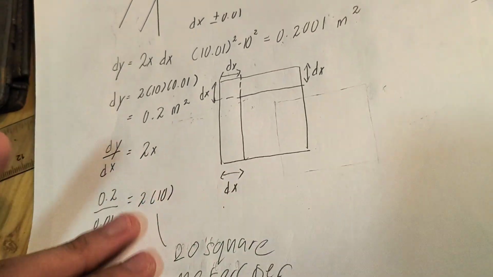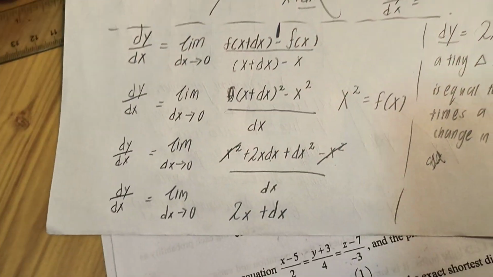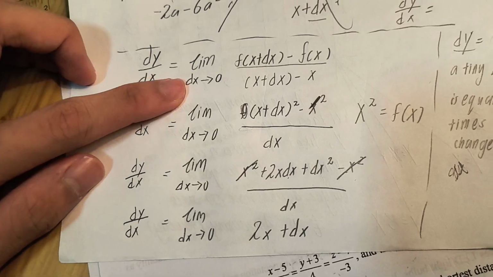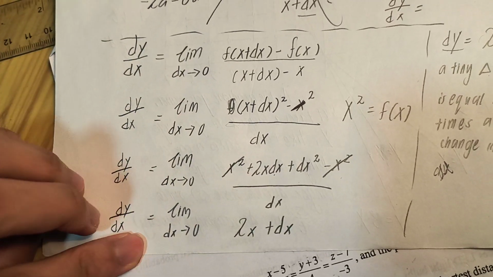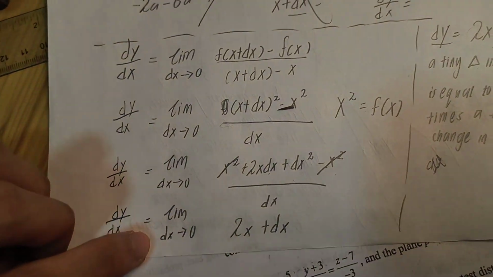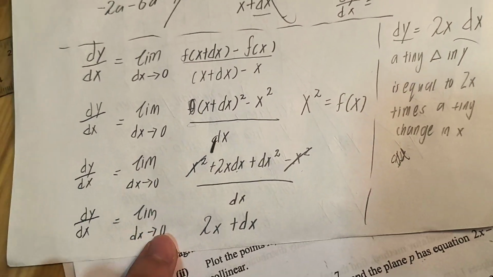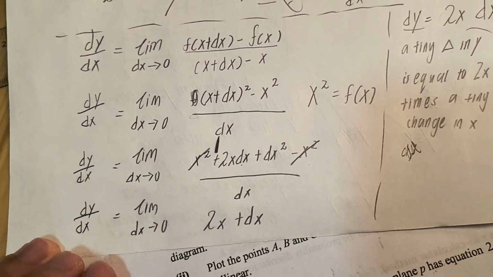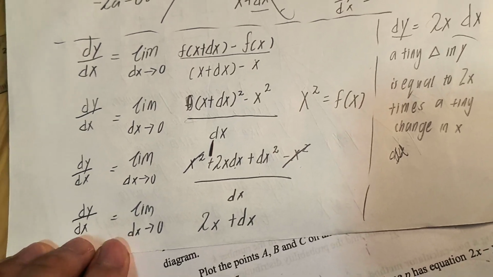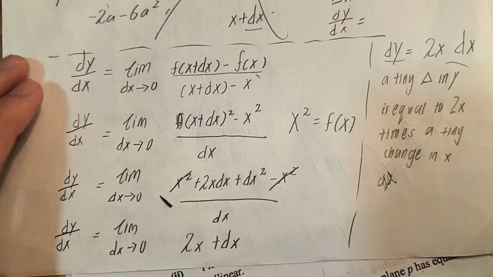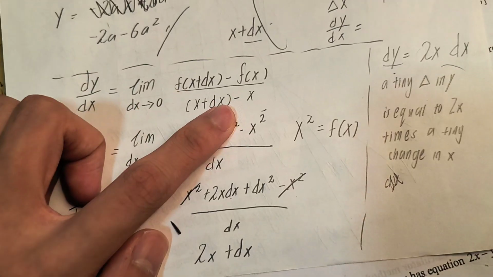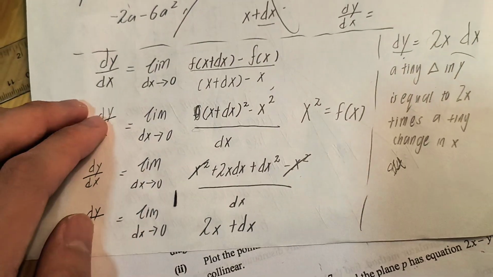Okay, then I get to another confusing point. When we're taking limits, why is it that as dx approaches 0, you see this in textbooks, I don't need to draw this out for you, why is it that as dx approaches 0, we do nothing about this dy/dx over here? Why don't we make it approach 0? Oh, well, that's simple, because this dx and this dx are two completely different dx's.